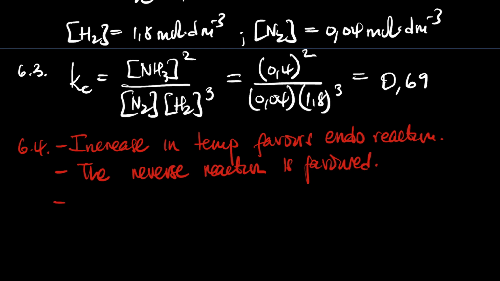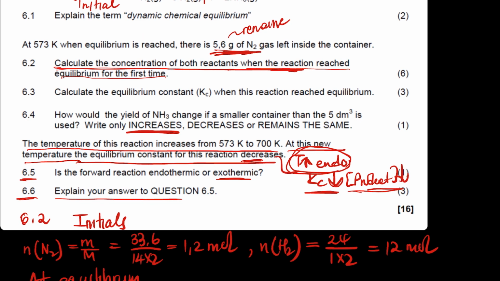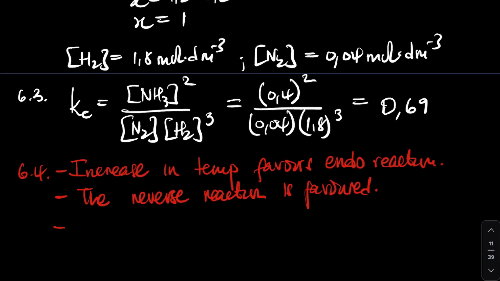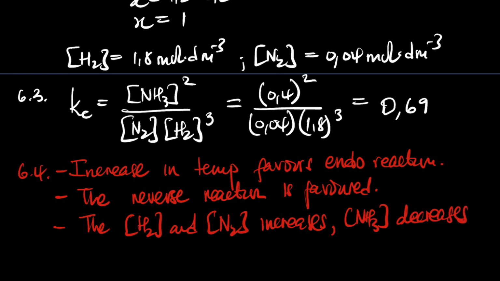If the reverse reaction is favored, that means the concentration of the reactants is going to increase. So you say the concentration of hydrogen and the concentration of nitrogen increase, and the concentration of the product, which is ammonia, decreases. That's why our Kc decreases, because it's the reverse that is favored and it's the endothermic that is favored.